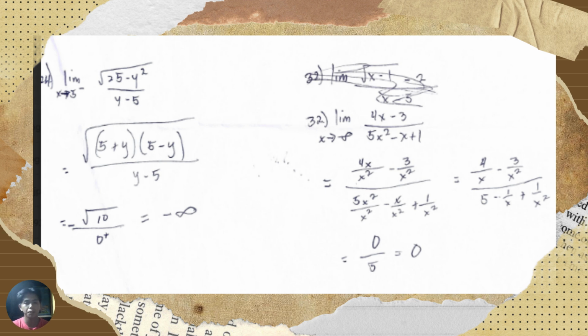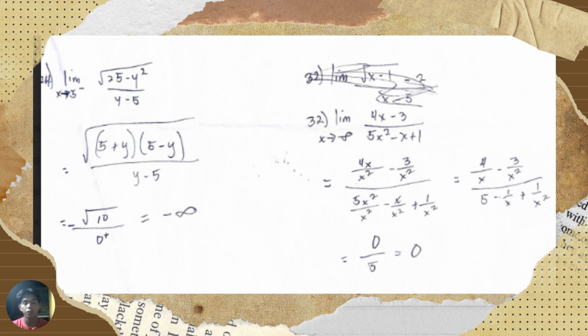Okay, so let's proceed to number 32, which is the limit of 4x minus 3 over 5x squared minus x plus 1 as x approaches negative infinity. So in this kind of situation, we're going to divide by the highest degree, which is the x squared, as you can see in the given equation.